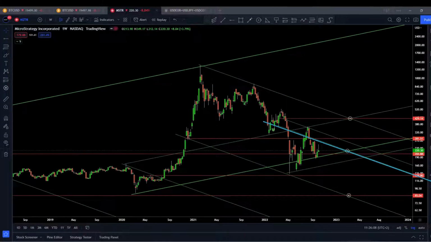On the way up, I would wait for a tentative break of the first descending line, followed by a break of the $281, and finally a break of the next descending line that proved to be a strong barrier during August 22.